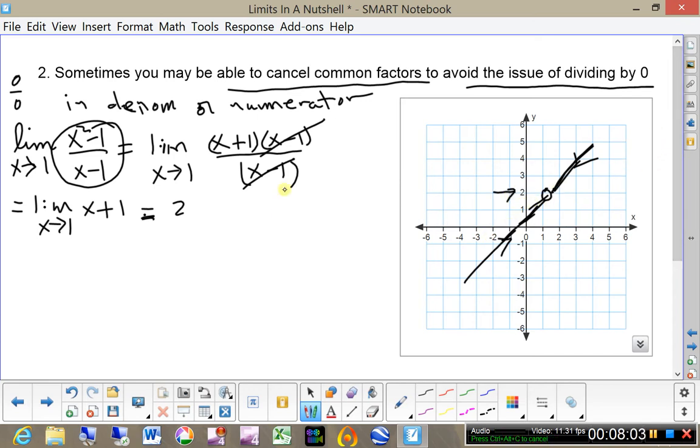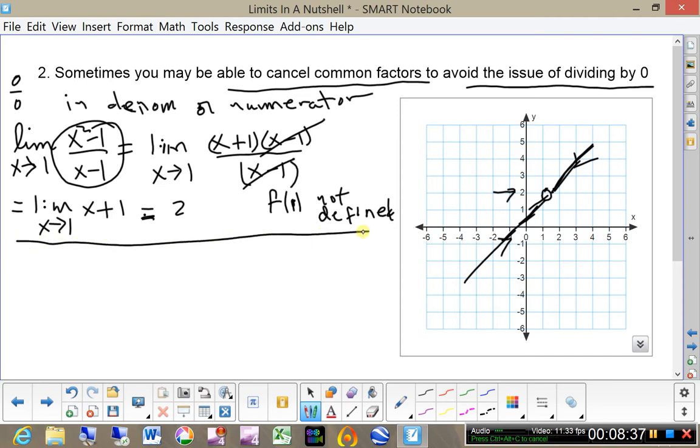However, f at x equals 1 is not defined. But the limit as x approaches 1 is definitely 2. You can get just as close to x equals 1 as you want to, and the value of the function gets just as close to 2 as you want to.